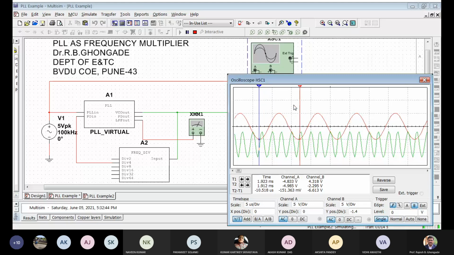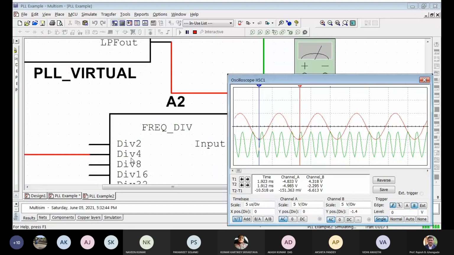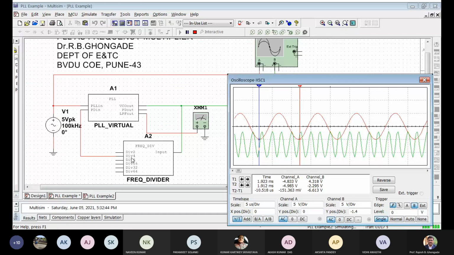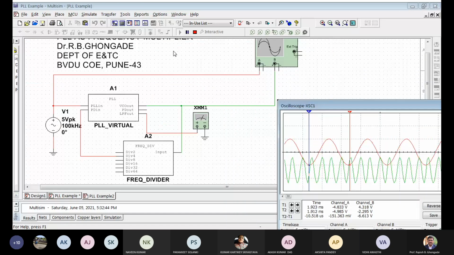So for every one period of the input signal, there are 4 periods, right? And as you can see here, I'm actually using a divide by 4 network here, and that is the reason why I'm getting 4 times the output frequency. Okay? So that is one application.